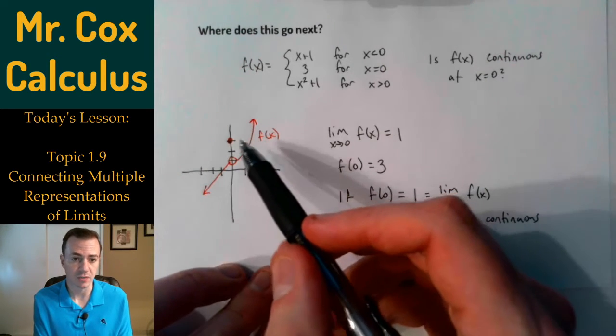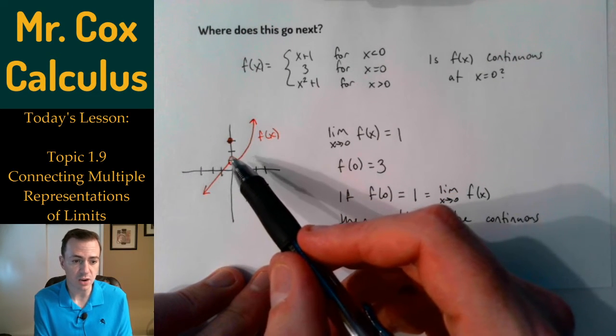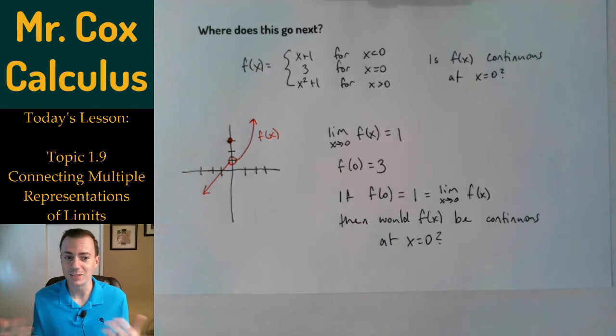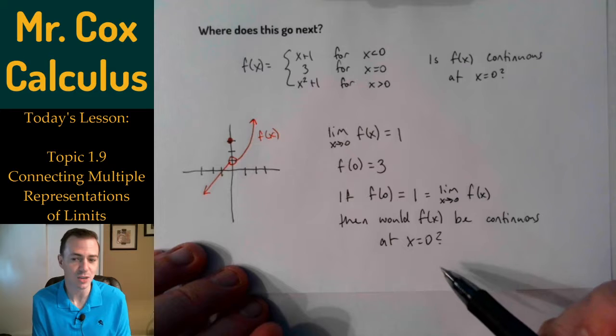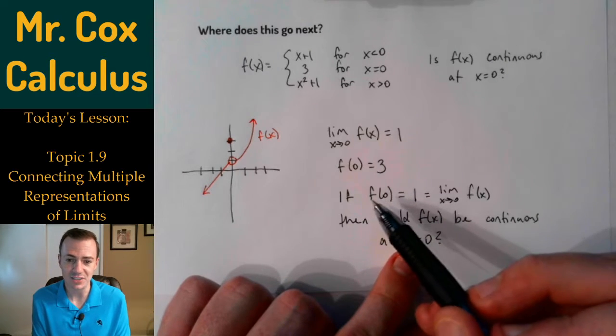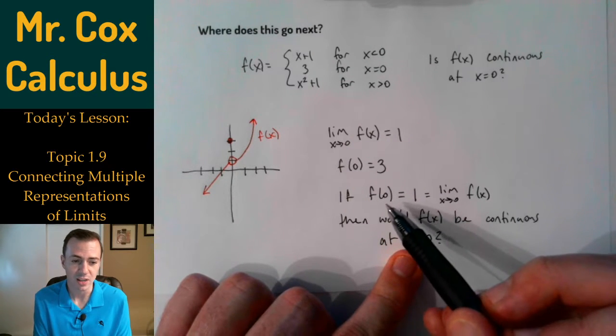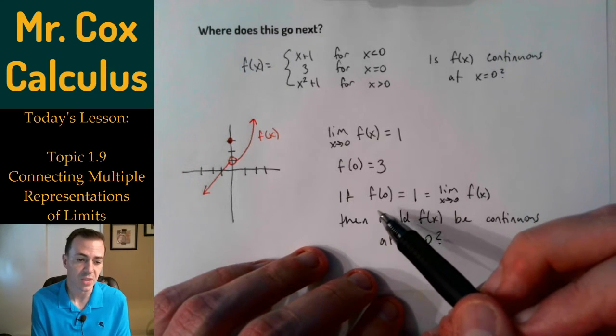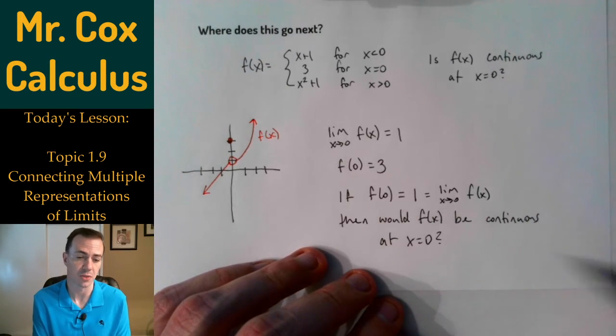And the answer, if this point got moved down here and was essentially filling in this hole at 0, 1, is yes, this function would be continuous at x equals 0. And it's this relationship right here that's really going to give us a formal definition of continuity as we start to look at that throughout the rest of Unit 1.